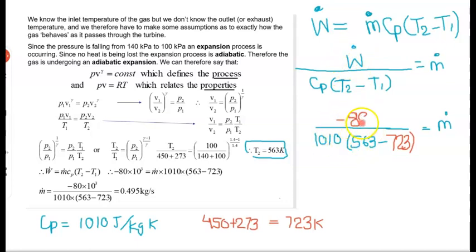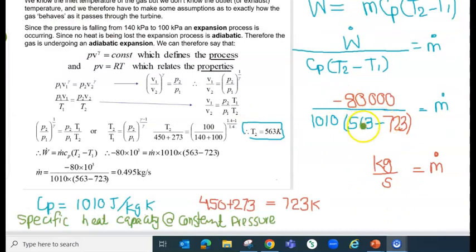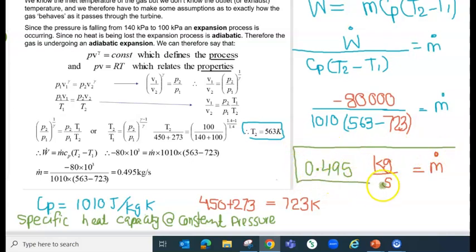It's a minus 80 kilo. So I can write minus 80 for the kilo. I can put 3 more zeros. And I put that in the equation, and I will have a mass flow rate. The unit will be in kilogram per second. Top is minus and the bottom is going to be minus number. They will kind of cancel, and you will get 0.95 kilograms per second. This is how much mass of the air need to go inside in the turbine to produce a work of 80 kilowatts.